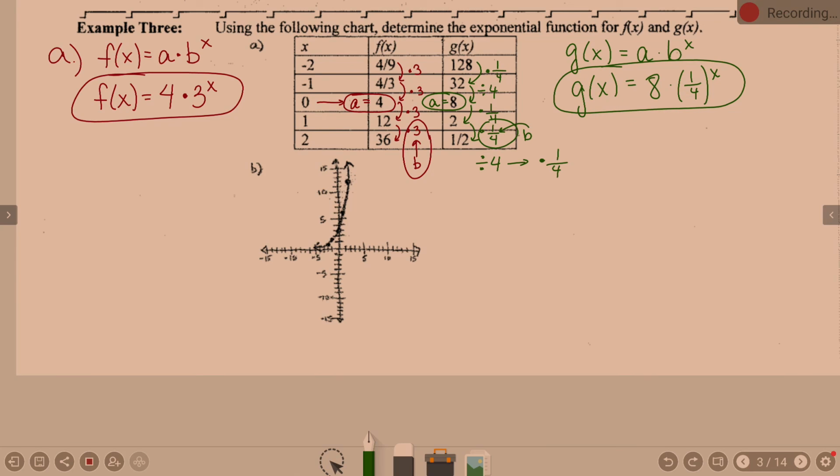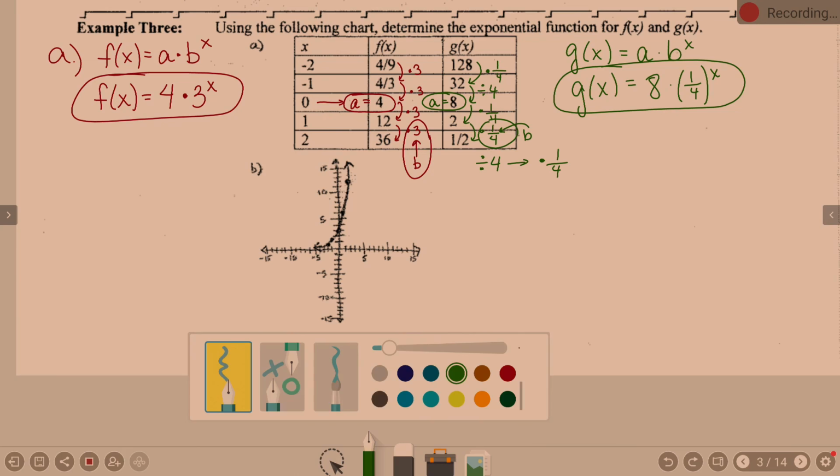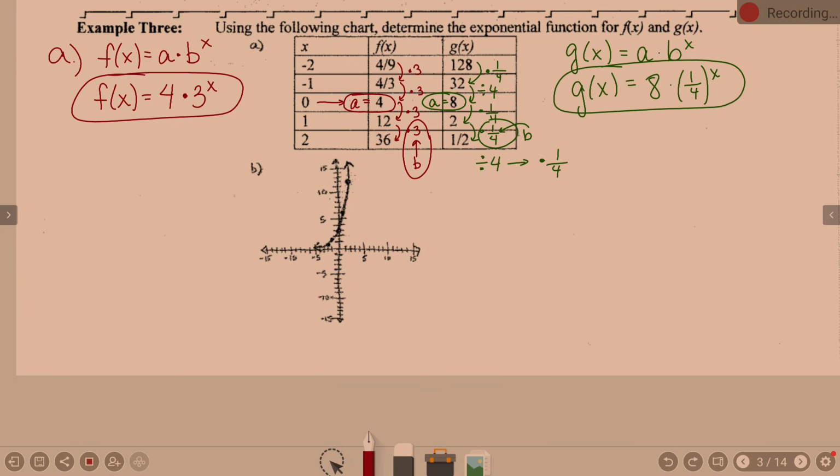You will notice I put parentheses around the fraction there. If we look at b real quick, those are really hard values to see, and I don't have them written in these notes, but can you read them? What's this value here on the y-axis?